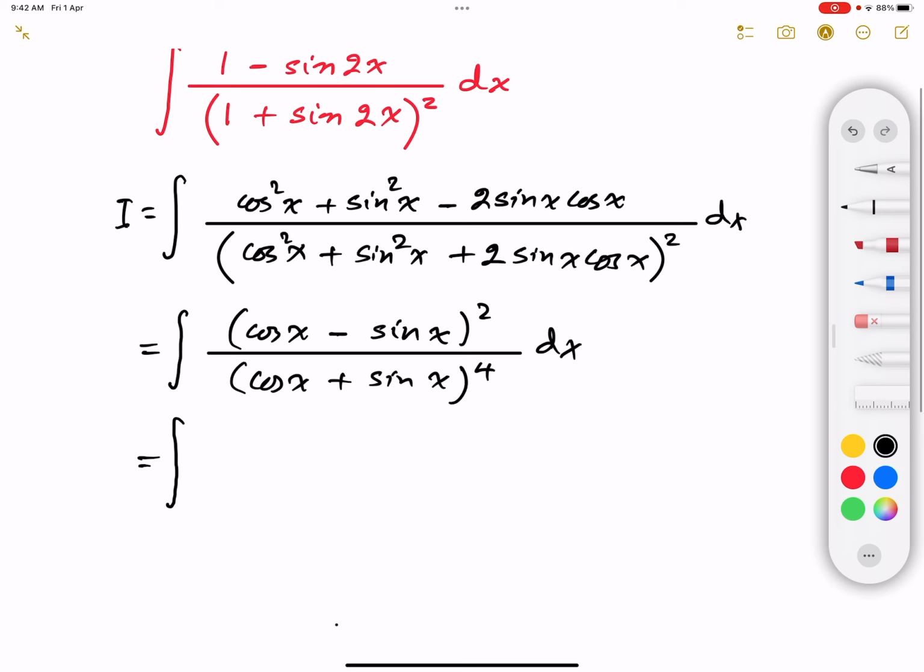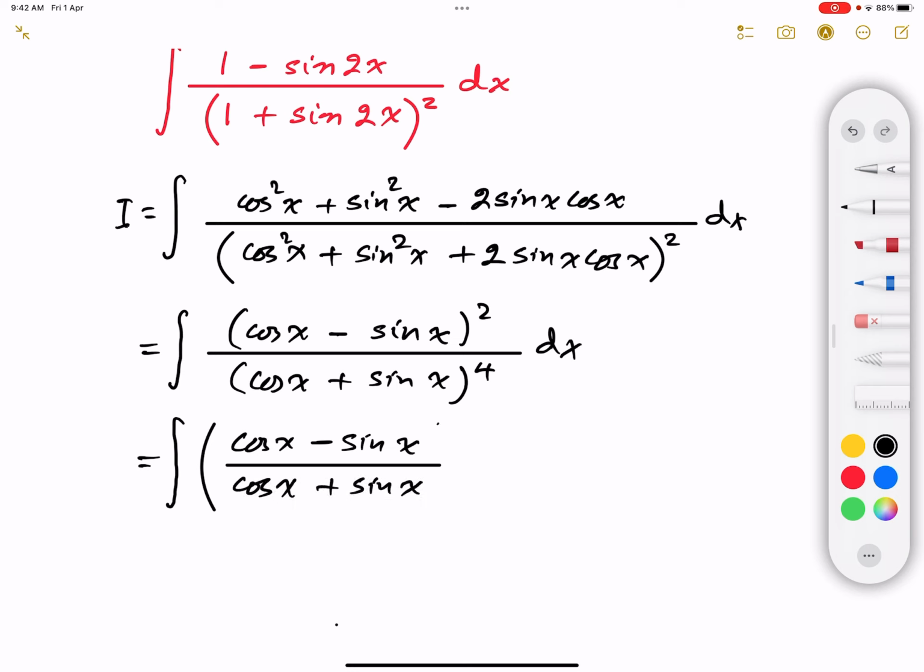So that would be equal to the integral of (cosine x minus sine x) divided by (cosine x plus sine x), and we're going to raise that to the power 2. We have taken a squared term of the denominator, so what is going to be left here is dx divided by (cosine x plus sine x) all raised to the power 2.